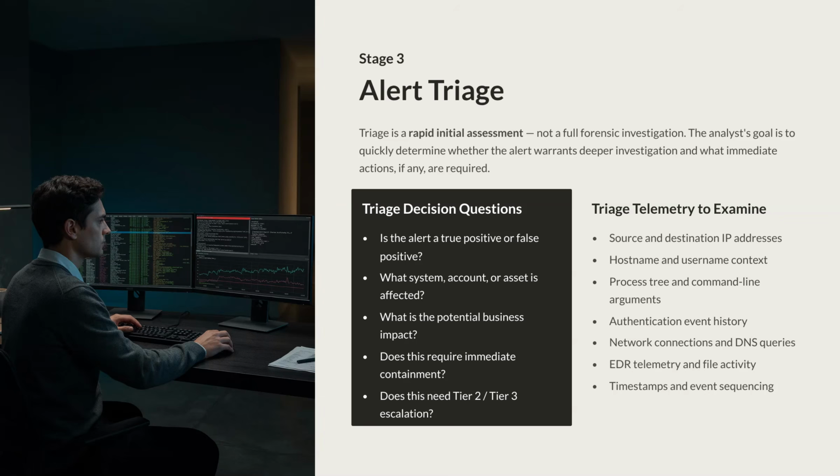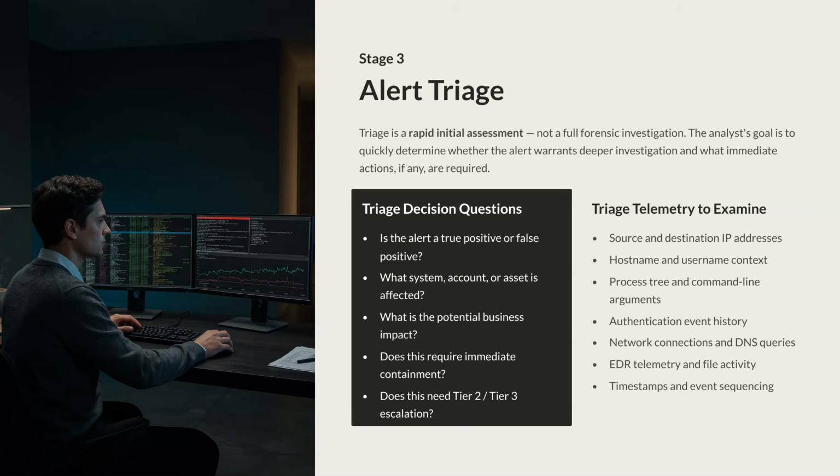For example, escalation might be required when a critical asset is affected, when a privileged account appears compromised, when we see lateral movement across multiple systems, when persistence has been established, when ransomware behavior appears, when data exfiltration is suspected, or when the potential business or regulatory impact becomes significant.